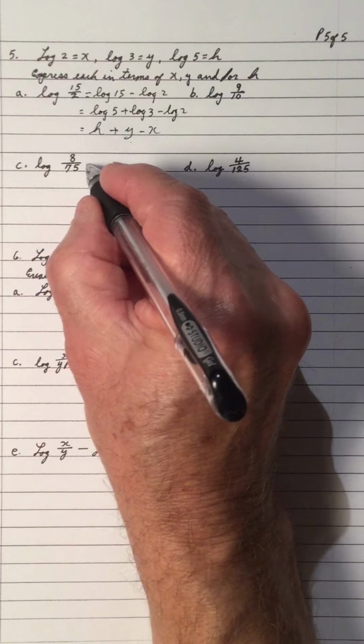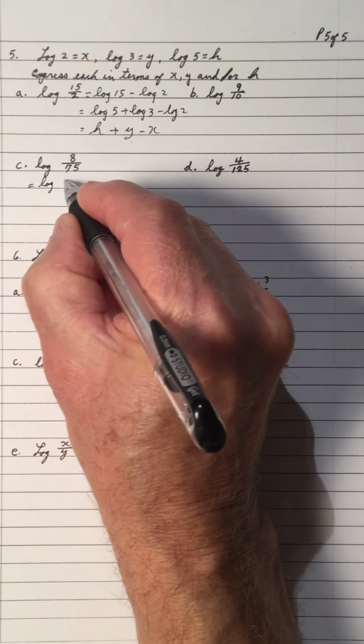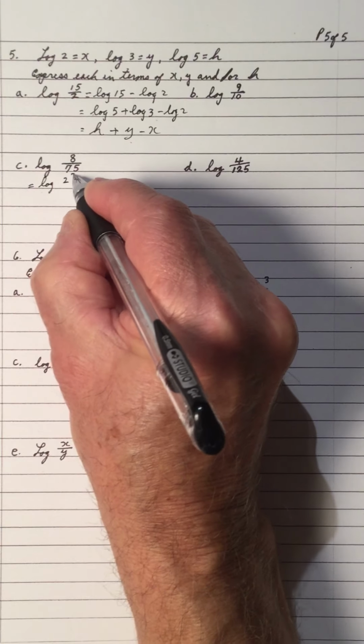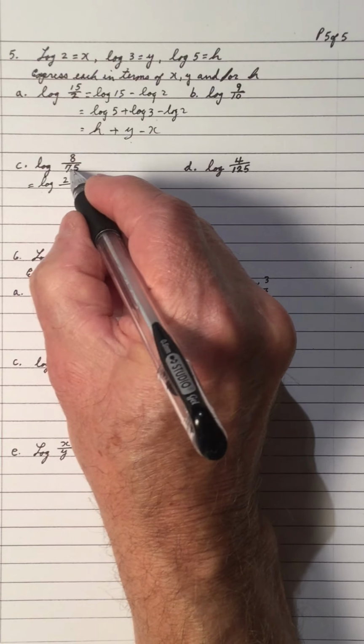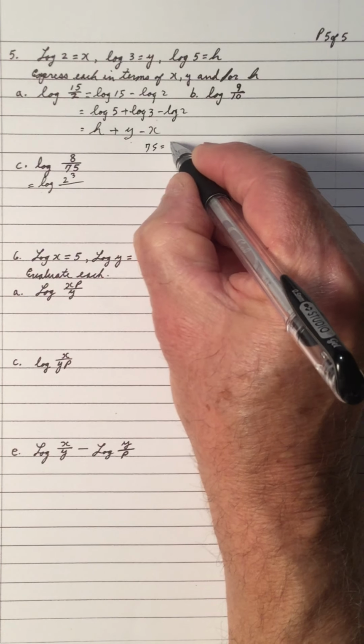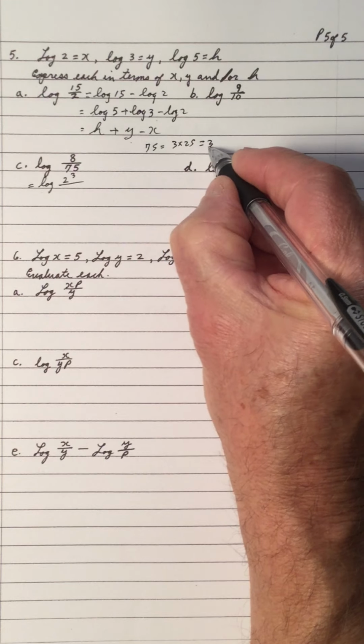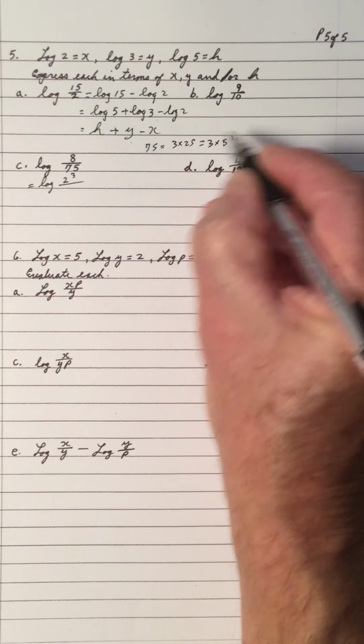And let's continue. We have 8. So 8 is 2 cubed. 75, let's do 75 is 3 times 25, which is 3 times 5 squared.